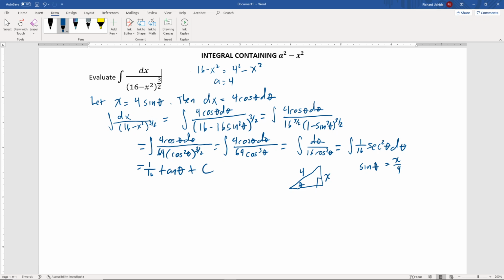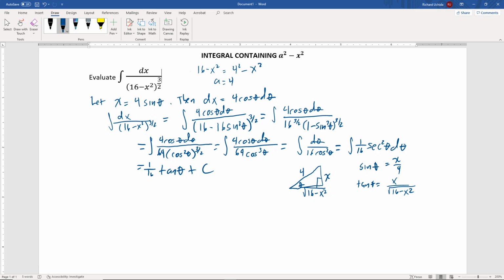So using the Pythagorean theorem, the side adjacent would equal the square root of 4 squared minus x squared, so this will be the square root of 16 minus x squared. So this tells us that tangent of theta, which would equal what? Opposite over adjacent, that would be x over the square root of 16 minus x squared.